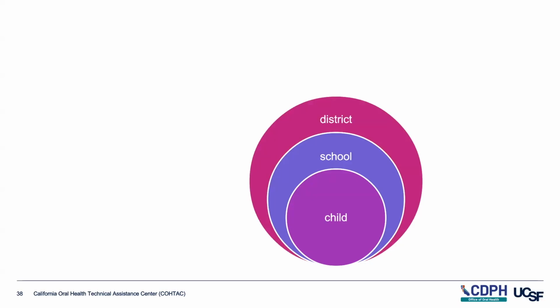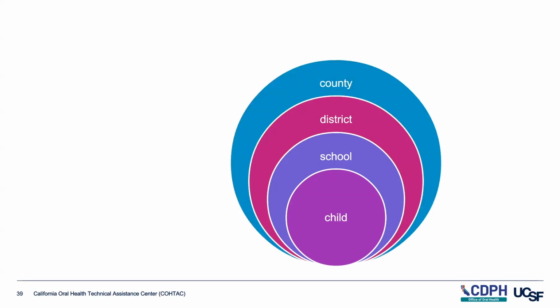Next is the district level, which can help gain support from decision makers and superintendents. Then the county level, which I wanted to highlight: this is our shared population headline indicator, which we share as counties and also with our state partner.